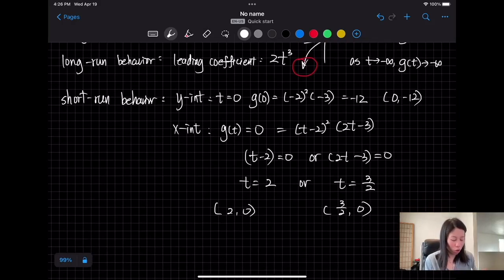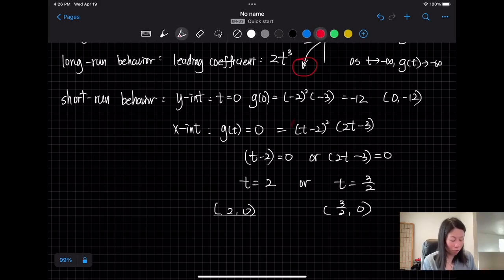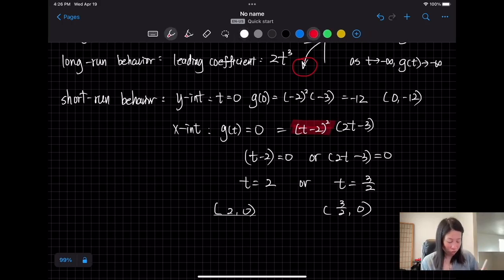Okay, the first x-intercept comes from this factor, right? So the multiplicity of (2, 0), that first intercept, is 2. And the multiplicity of the second x-intercept is going to be 1, because the power of this factor is equal to 1.